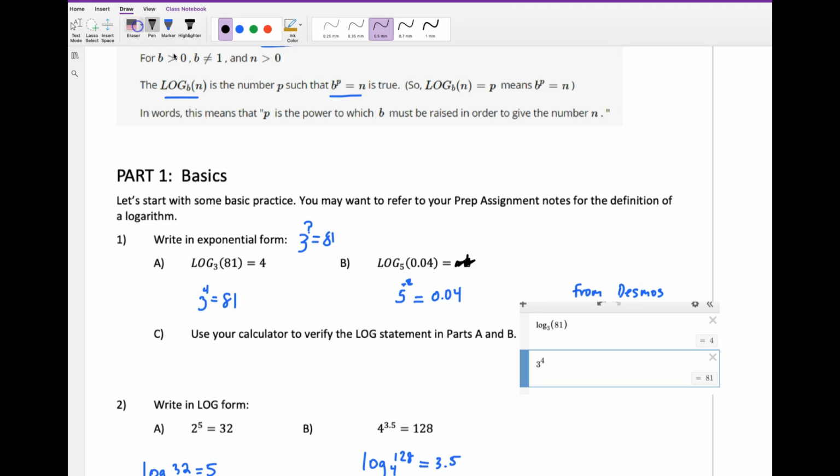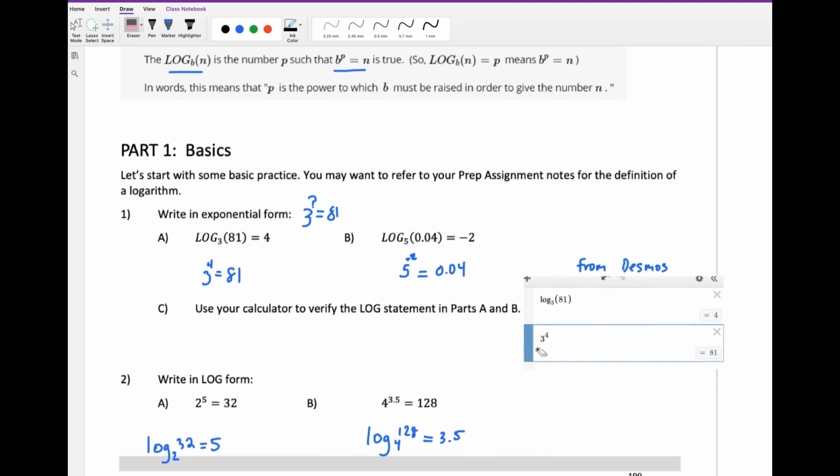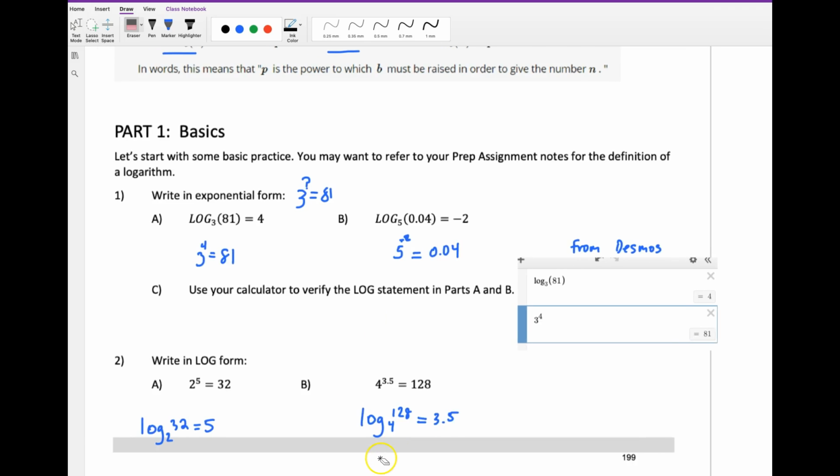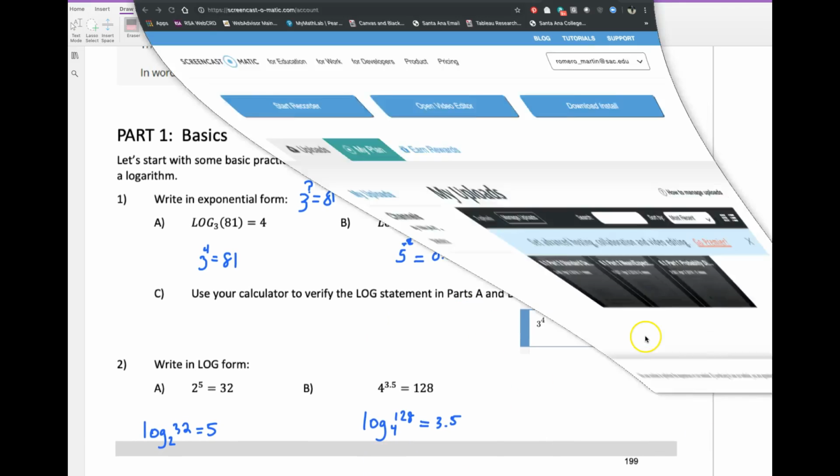And you'd want to go ahead and check that on a calculator. Going back to negative exponents, what are they here? And so you can see, in order to answer that question, log base 5 of 0.04, again, is really asking 5 raised to what equals 0.04? It's negative 2.